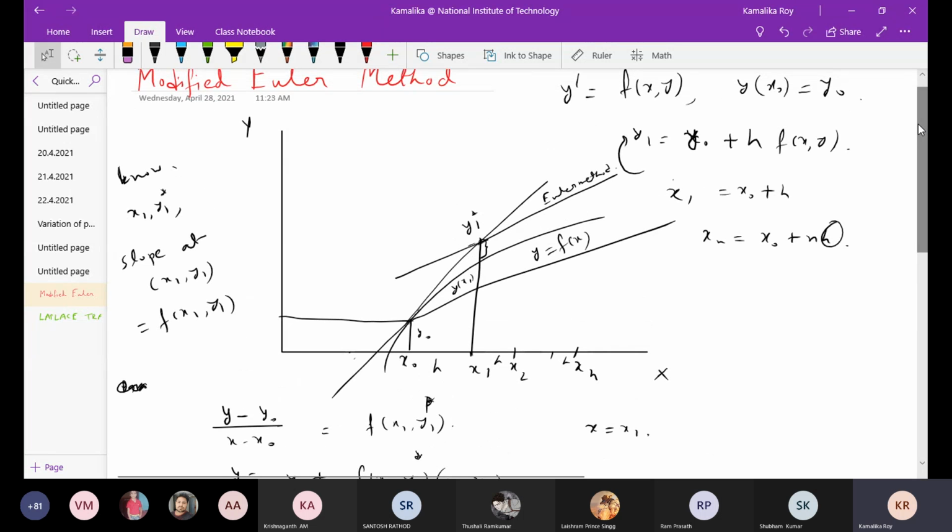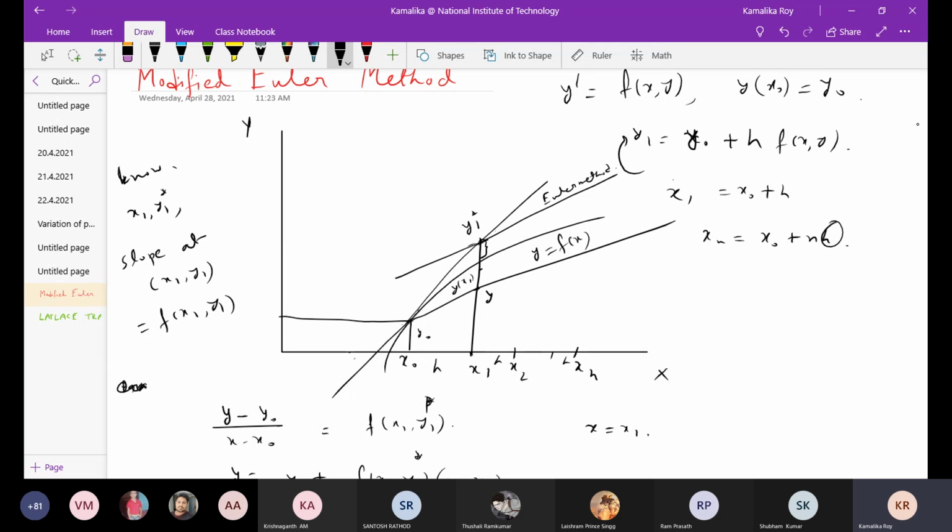So this is the geometrical interpretation. We are taking two slopes, two lines: one we get from the regular Euler method, and another with that slope passing through x0, y0. Then taking the average, we have two points, this point and this point.